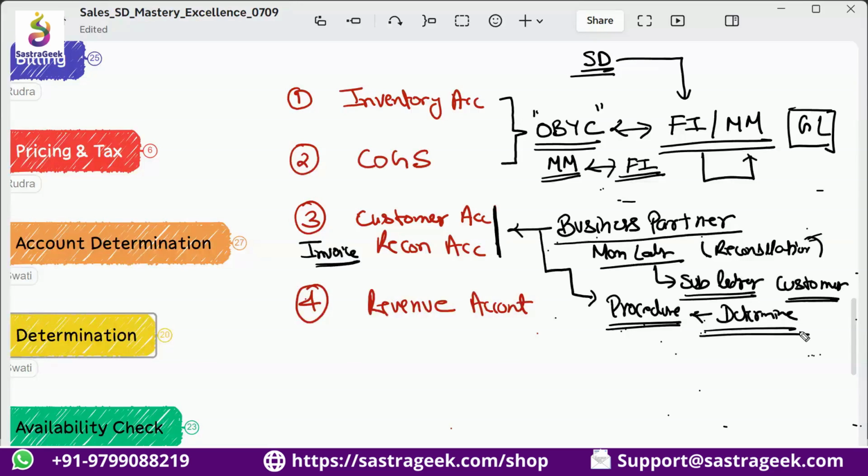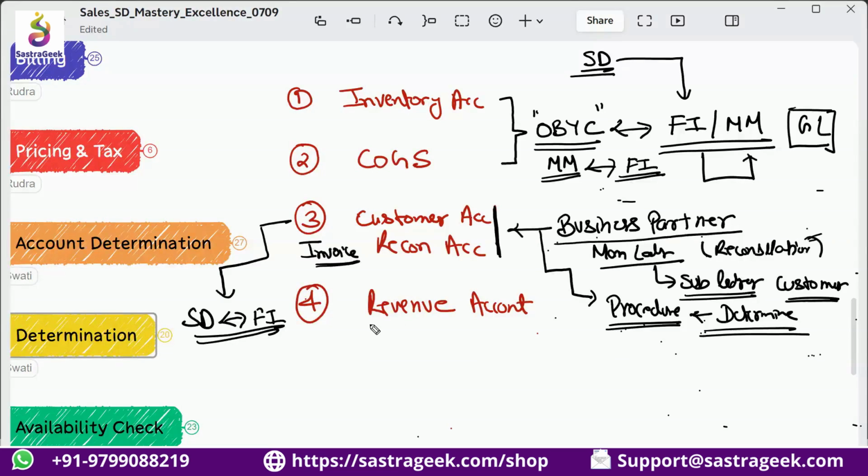If this customer is selling with some specific sales organization or distribution channel, maybe on that level, then I want to determine a separate account for it. In those cases, you can have a separate reconciliation account and go with the determination. So who does that? This point number 3 is a strong integration between SD and FI. SD and FI consultants are responsible for that.